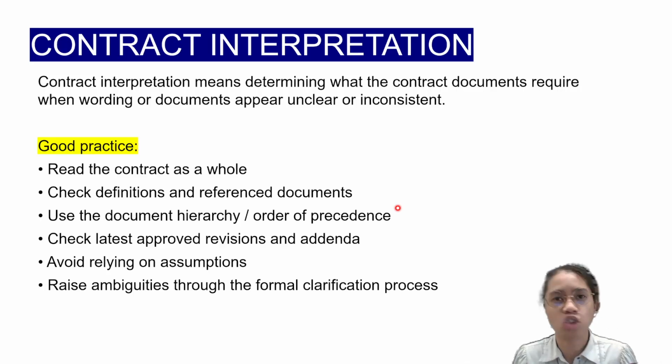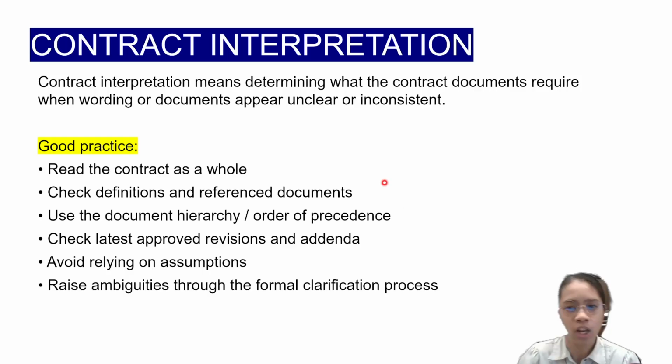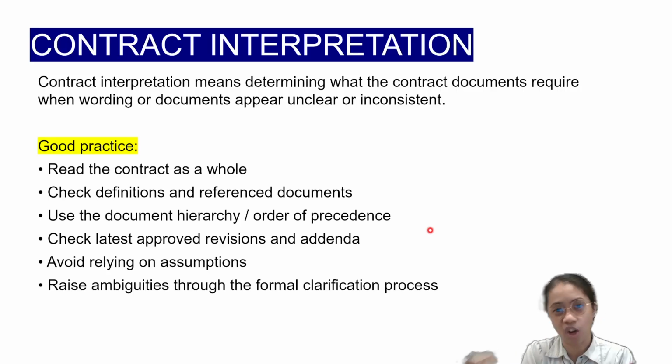Don't be shy or ashamed in requesting clarification, because the goal is you need to understand everything that is in the contract. Again, as mentioned a while ago, you cannot be ignorant if you didn't understand any part of the contract because you signed it. I hope that's clear. Then use the document hierarchy or order of precedence, which will be discussed on the next slide.